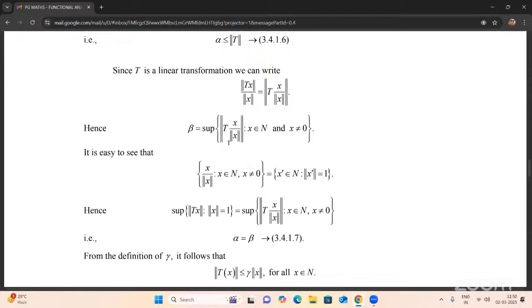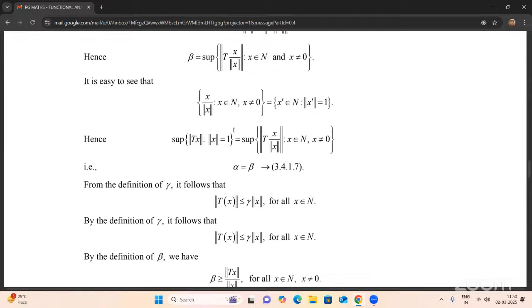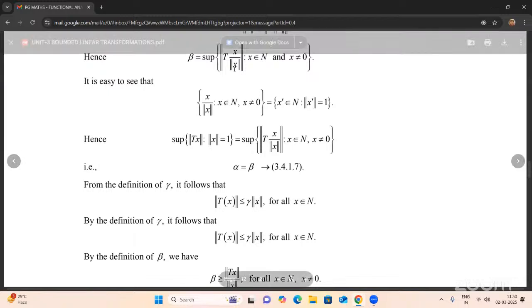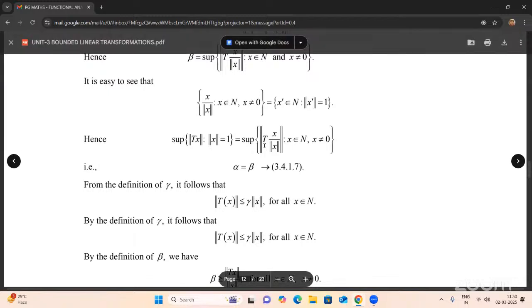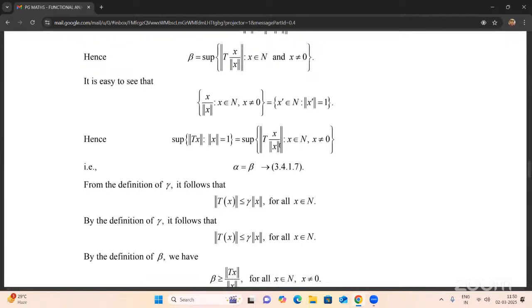For X non-zero, through the definition of beta, it is the supremum of norm T of X by norm X. For the closed unit sphere, the unit ball, the supremum of norm Tx with norm x equal to 1, we apply the definition from the relation supremum of norm T of x by norm x. So alpha is equivalent to beta.